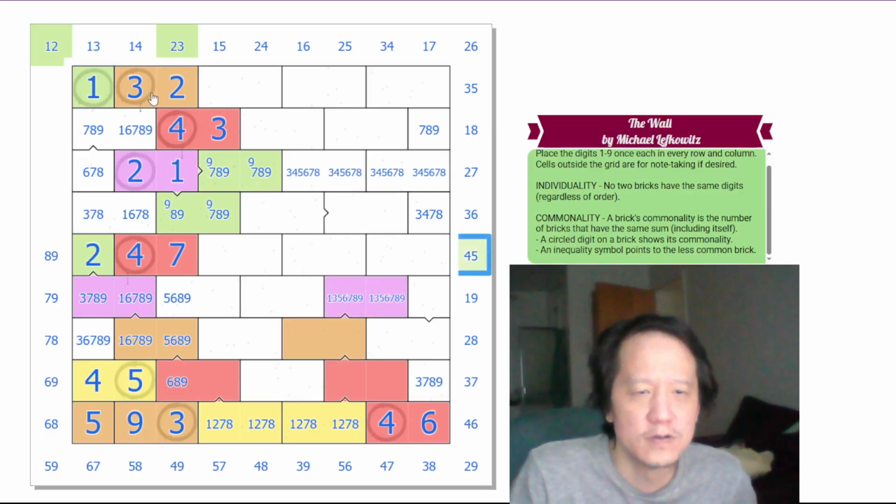So 1, 2, 3, 3, 4 is done. 1, 2, 4, 7 is done. We don't know about the pinks here. 4, 5 is done. 3, 9 is done. And 4, 6 is done.